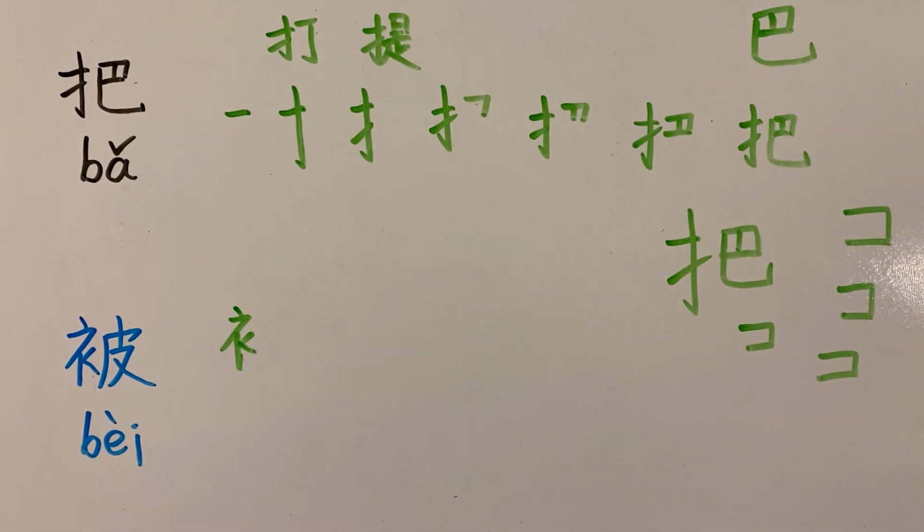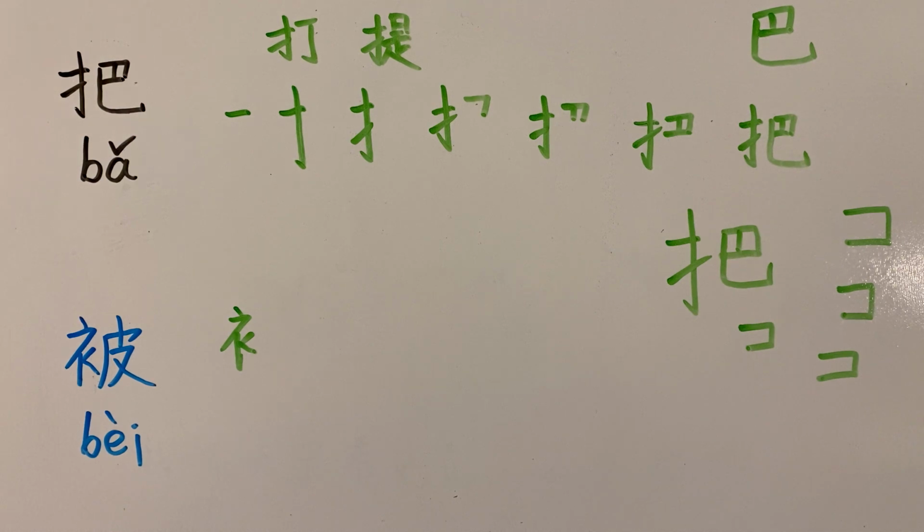In Chinese, we call it 一字边. What does it mean? 一 means close. So if you see this part in Chinese, it means the word has something to do with close.